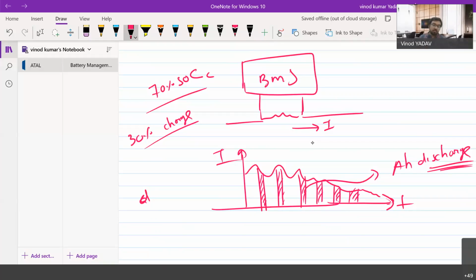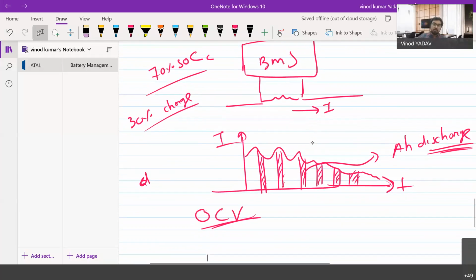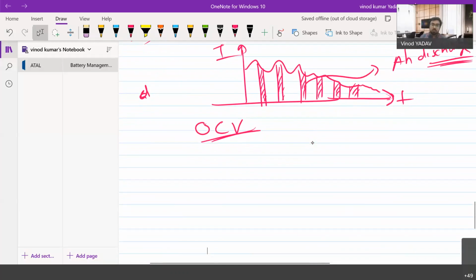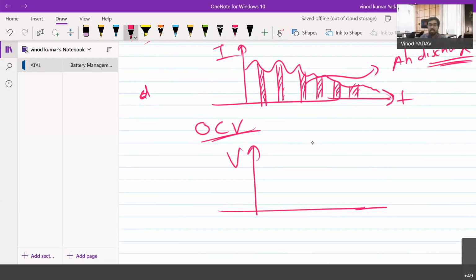So for that, we look at the open circuit voltage. So in open circuit voltage, suppose we have a plot of voltage versus DOD, where DOD is the depth of discharge, and this DOD is the inverse of the SOC.